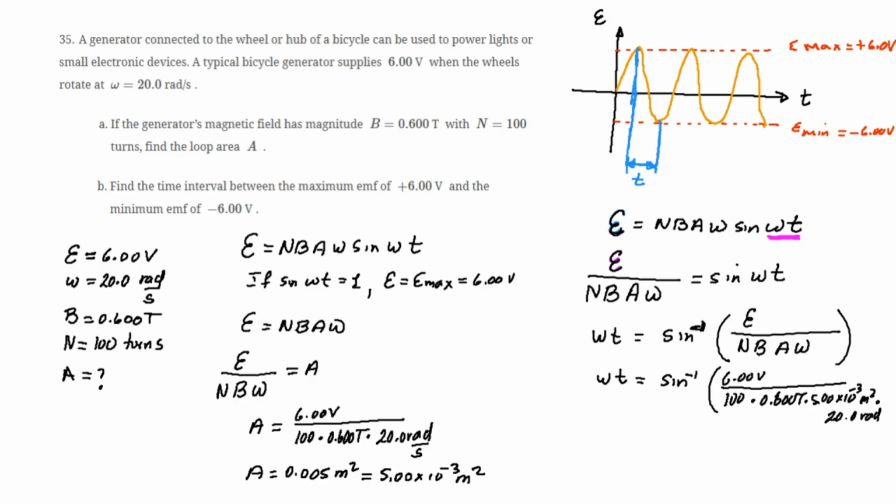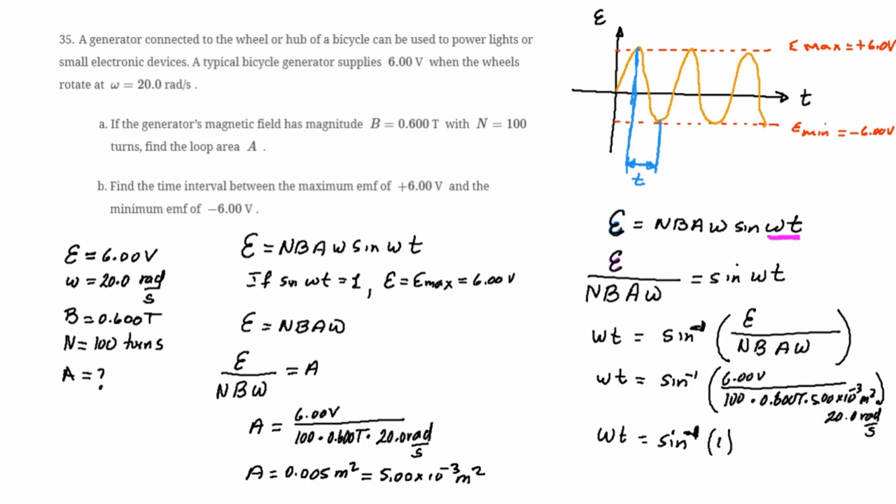We get that omega t is the sine inverse of 1. The sine inverse of 1 is 1.57 radians.